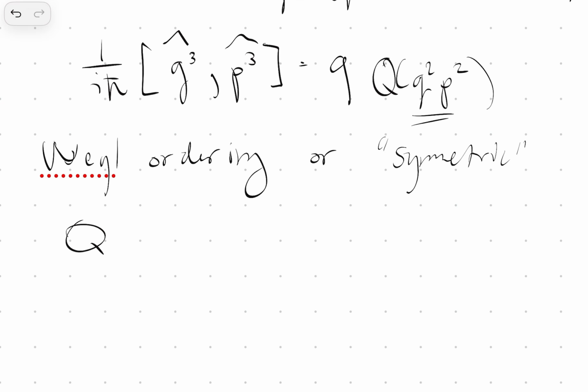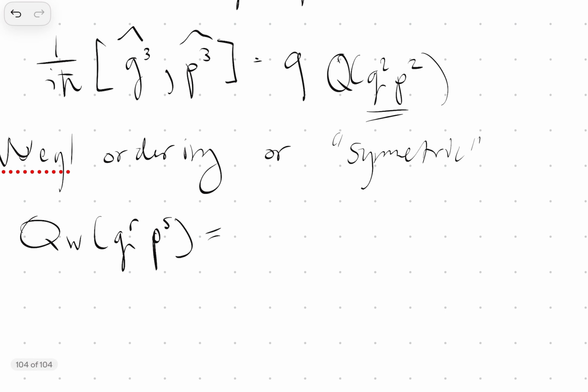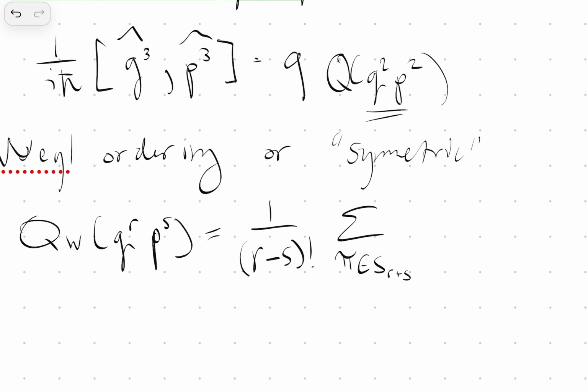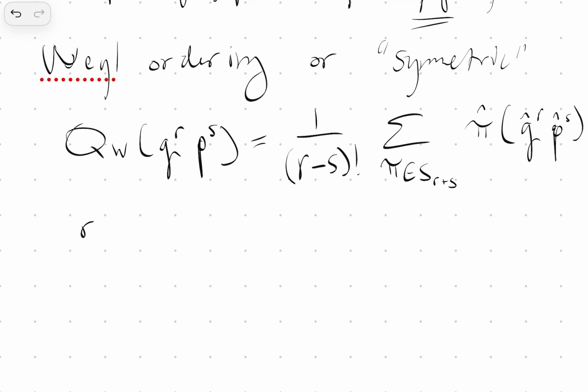So if we just say we want the representation of q to the r and p to the s under the Weyl ordering, we would have the formula for this: basically the sum over all of the permutations of the r Q hats and s P hats.